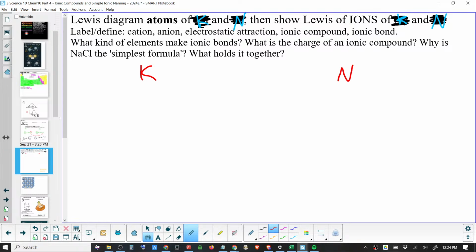How's it incorrect? Is it stable? Well, it's an ion, but ions add or subtract electrons to become stable. Is it stable? Excellent. You've done two clever things.